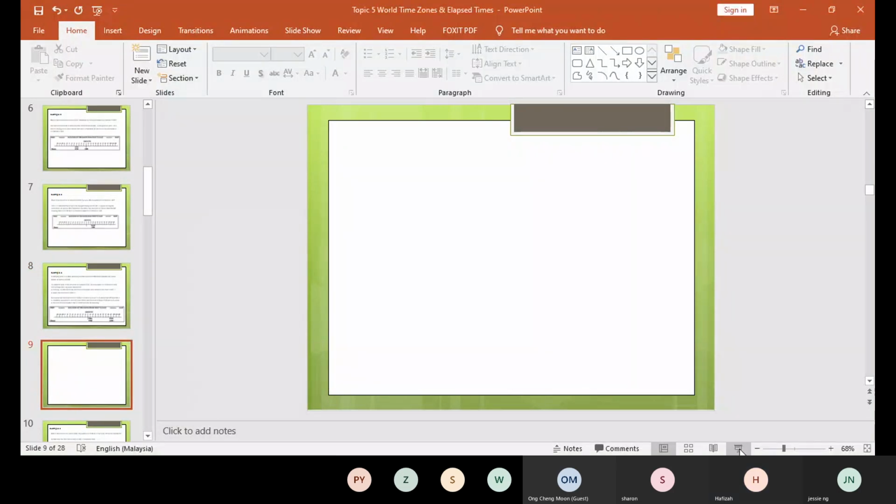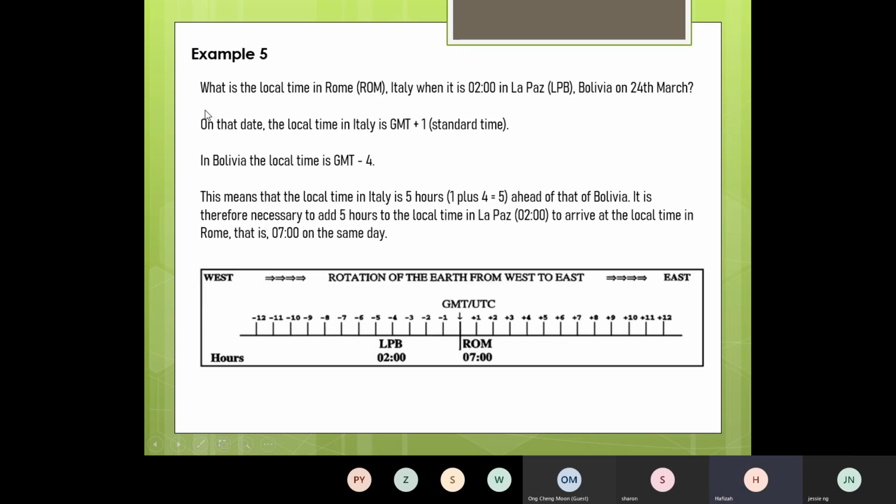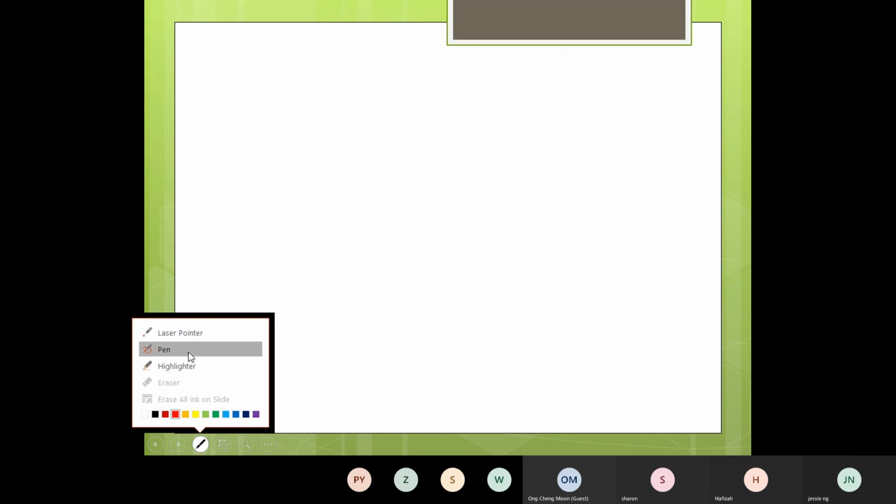We know the GMT, which is to identify what time it is in a country.